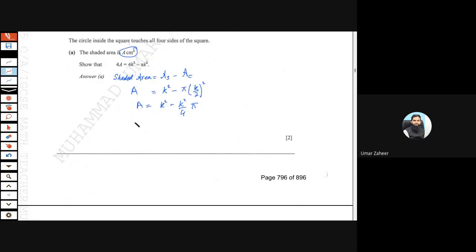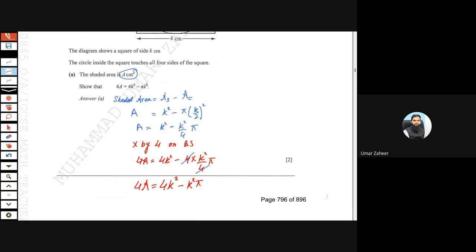So I'm going to multiply by 4 on both sides. So 4 multiplied by A is equal to 4 multiplied by k square minus 4 multiplied by k square pi divided by 4. So 4 will be cancelled out with 4. We are getting the final answer. 4A is equal to 4k square minus k square pi.